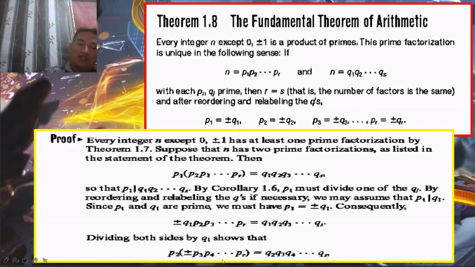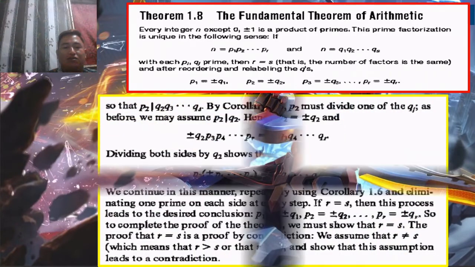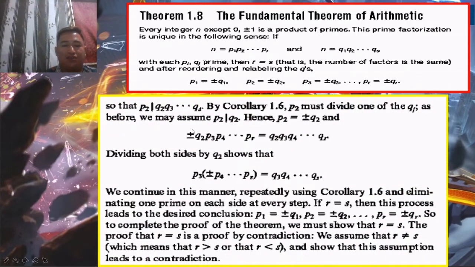So P2 divides Q2 to QS. That is, P2 divides Q2, Q3, or QS. By Corollary 1.6, P2 must divide one of the QJ.